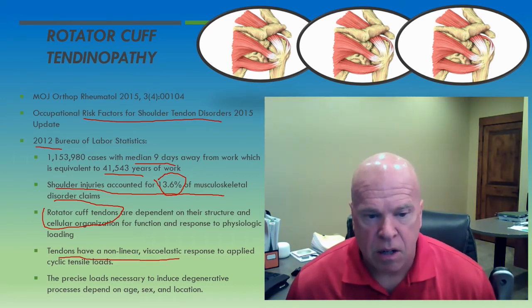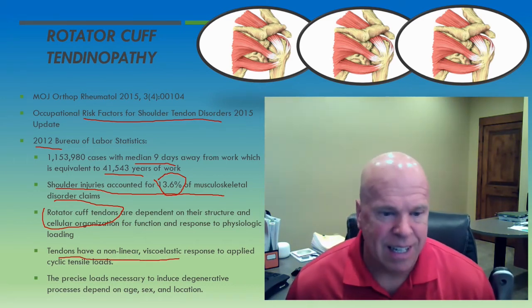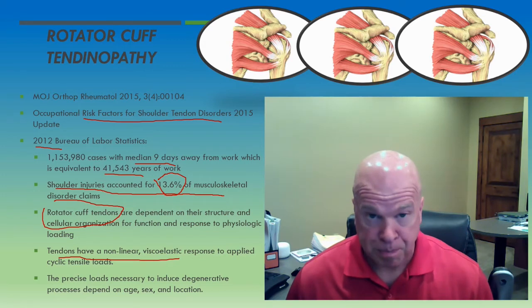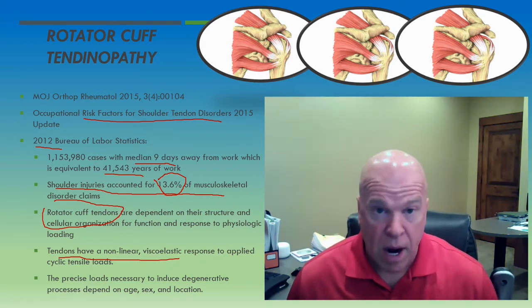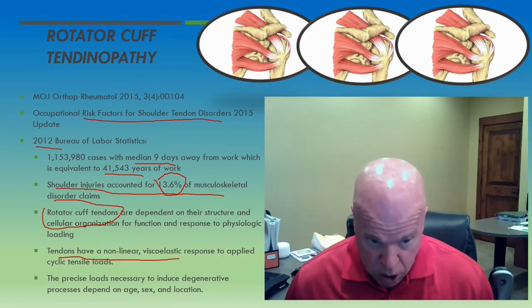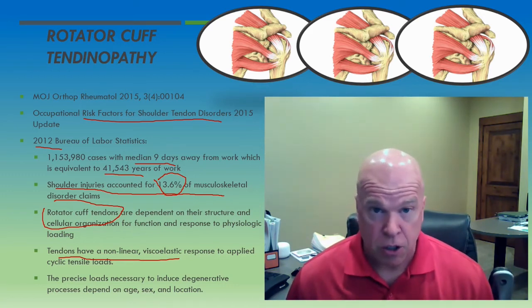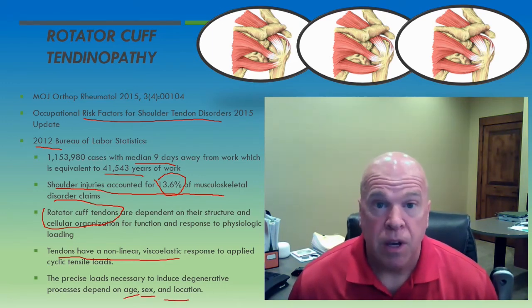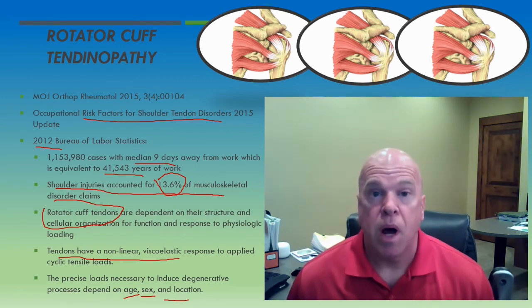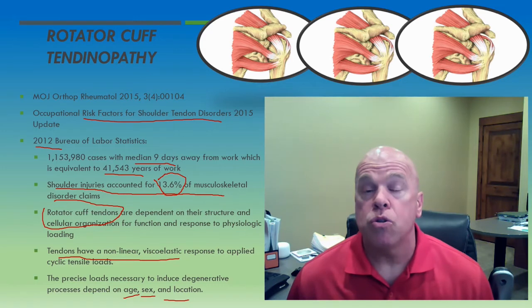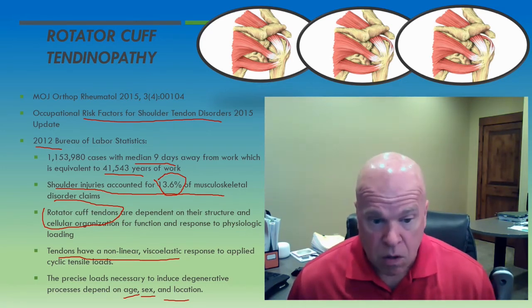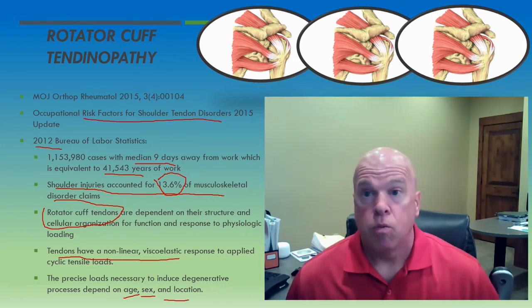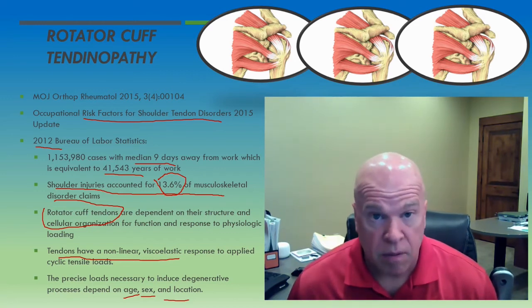Tendons have a nonlinear viscoelastic response to applied cyclic tensile loads, and the precise loads, according to this particular study, which is a different conclusion than the prior study we talked about, the precise loads necessary to induce degenerative processes depend upon age, sex, and location of the body, with persons of different ages responding differently to the same applied loads, different sexes between the males and females responding differently to the same applied loads, responding differently depending upon the location of the applied load.